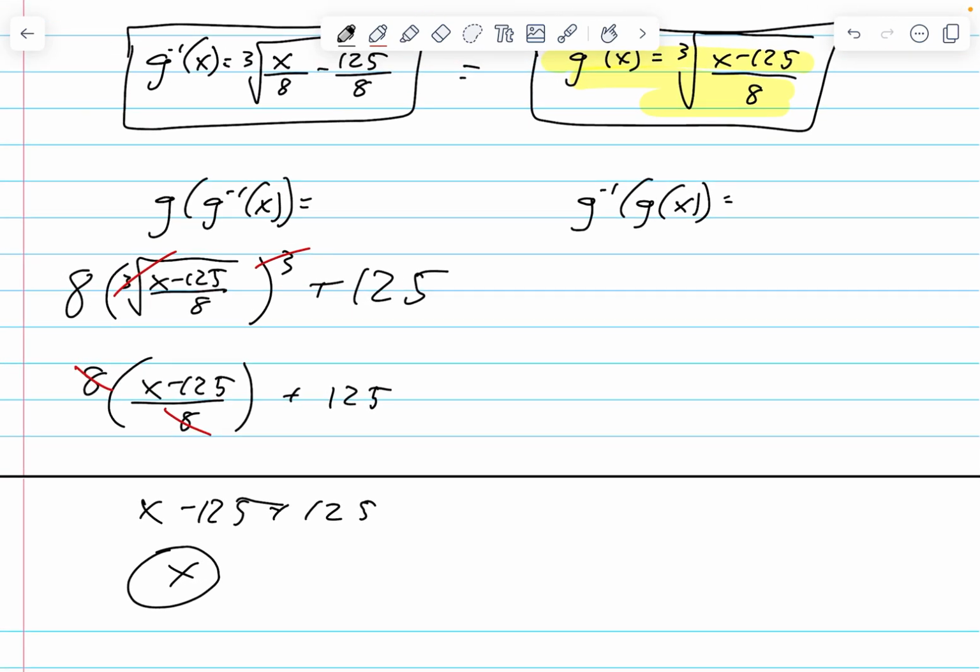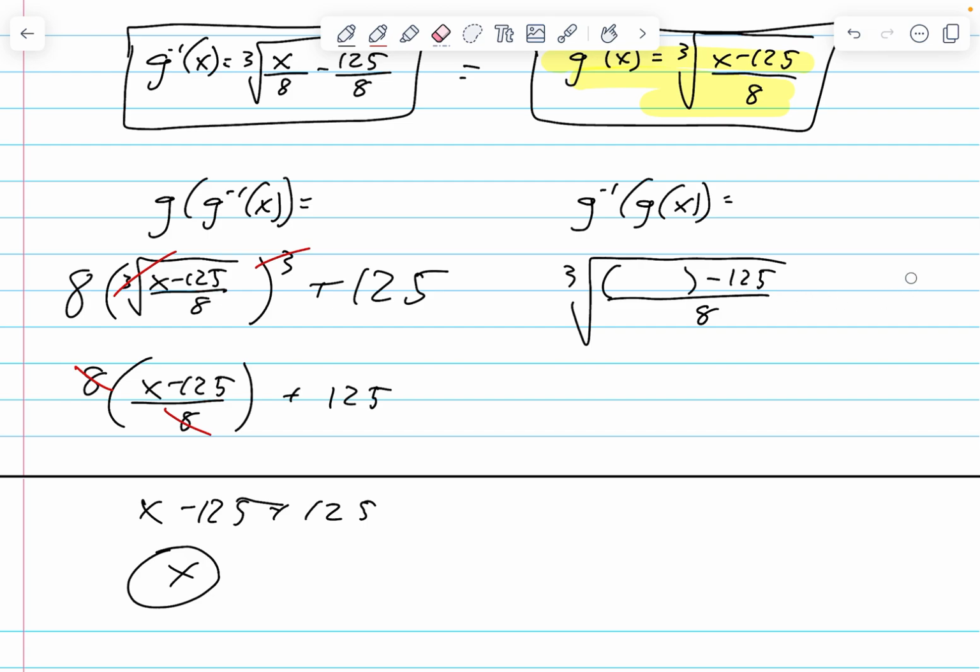Time to prove it the other way. My inverse, cube root of x minus 125 over 8. Oh, I'm sorry, this should not be there.